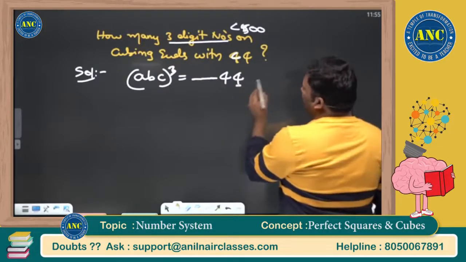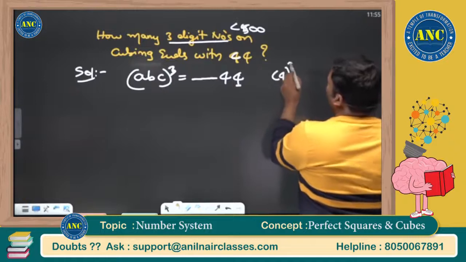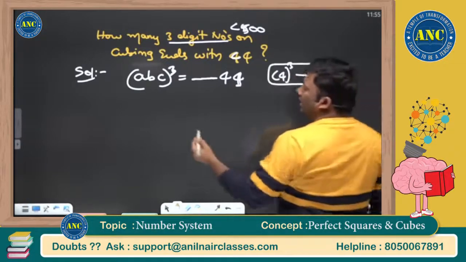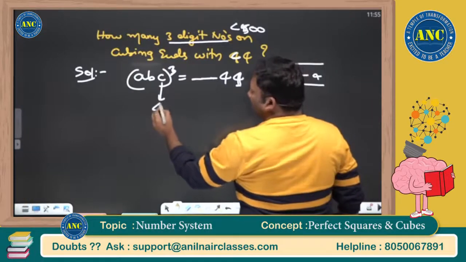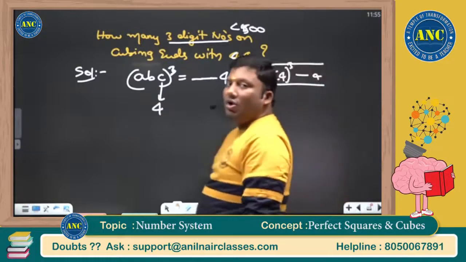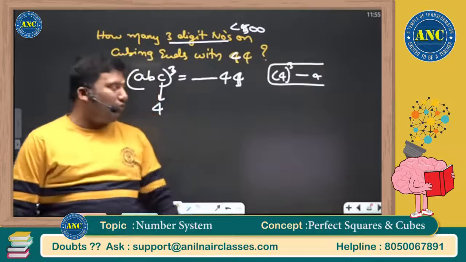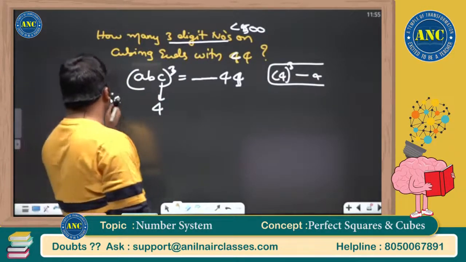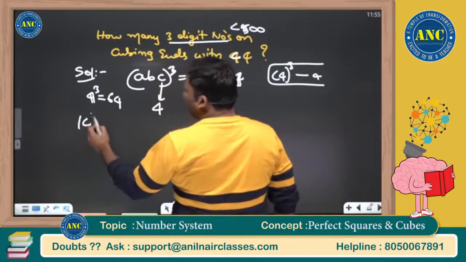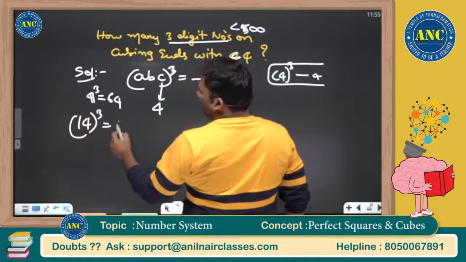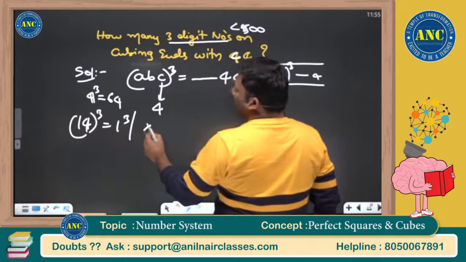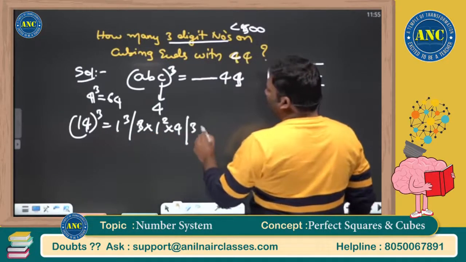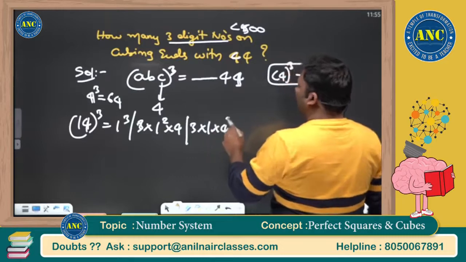Because this is 4, we know that 4 cube only will give you 4 at the end. So the unit digit on the left hand side is nothing but 4. 4 cube is 64. Suppose I take the next number, 14 cube. That is exactly the reason why I discussed a cube, 3a square b, 3ab square, and b cube.